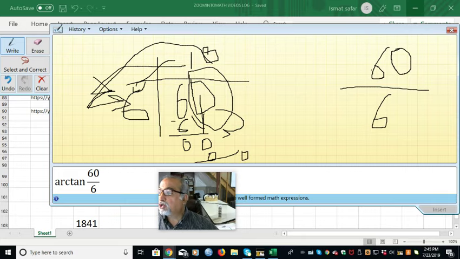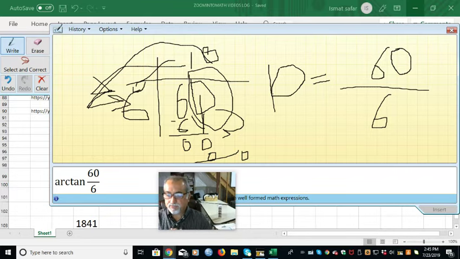So 60 divided by 6 is what? 10. There are 10 sixes in 60. If you add 10 six times, it will equal 60.